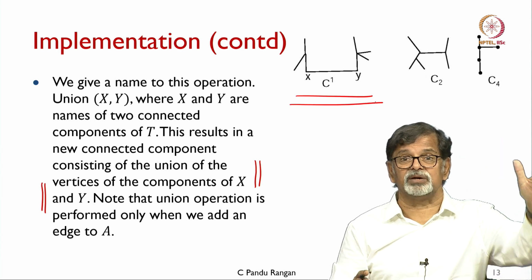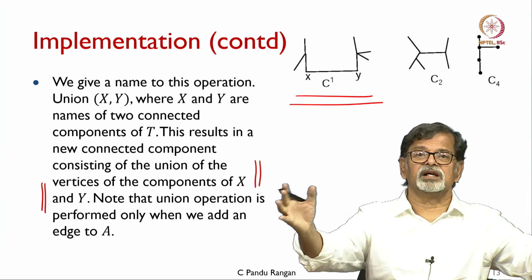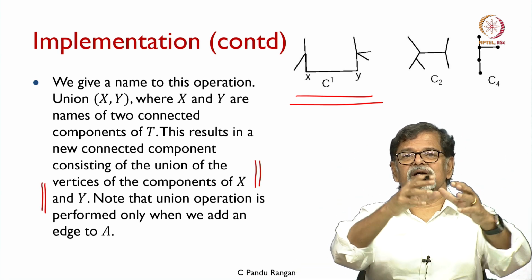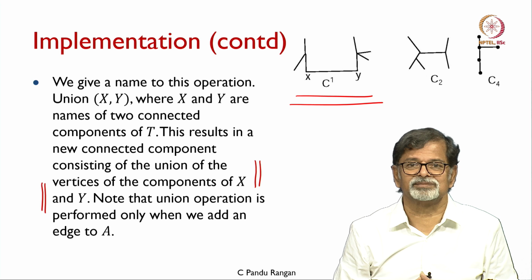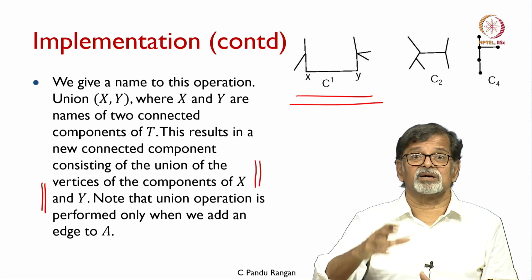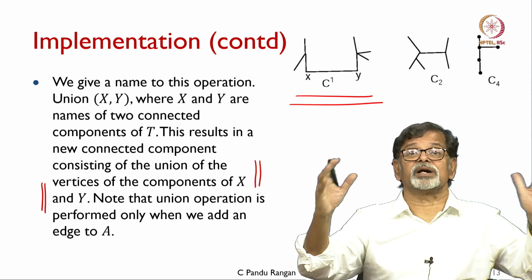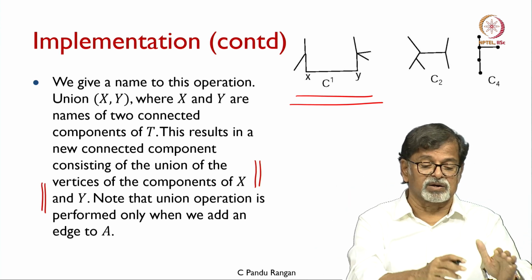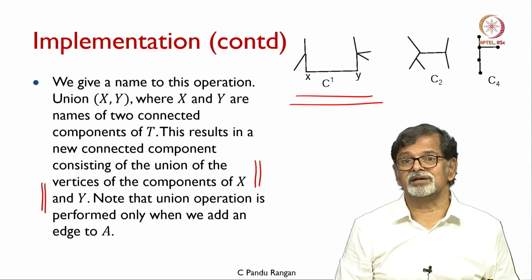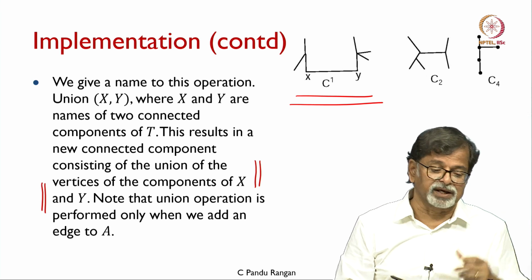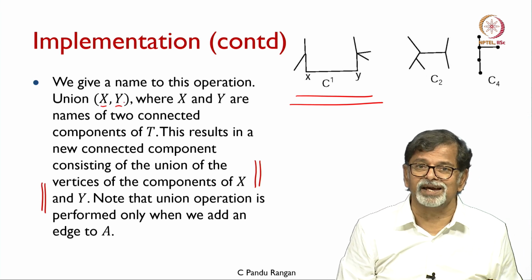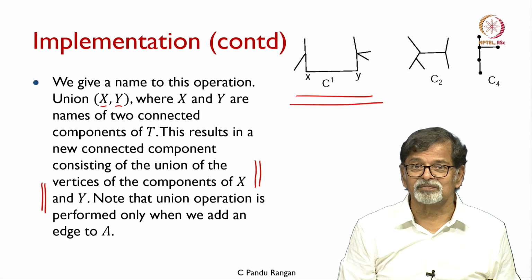All vertices in C1, all vertices in C3, they are put together and joined by the edge xy. Now you have a new connected component. This operation, taking two connected components and merging them into a single component, is called the union operation. Which connected components you are taking is given by the names x and y.